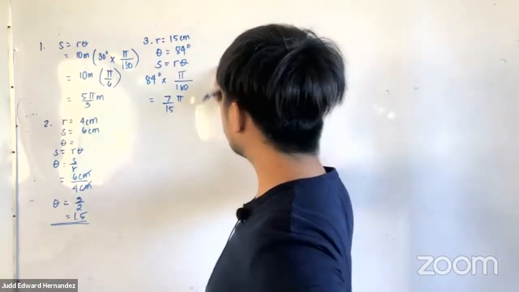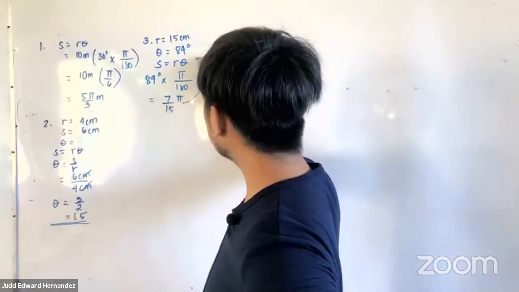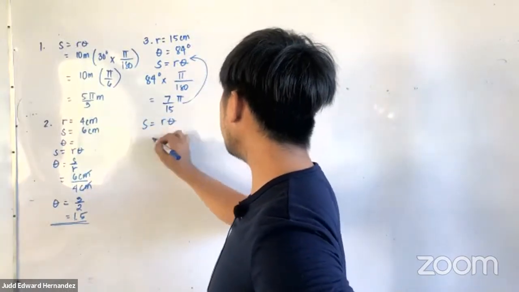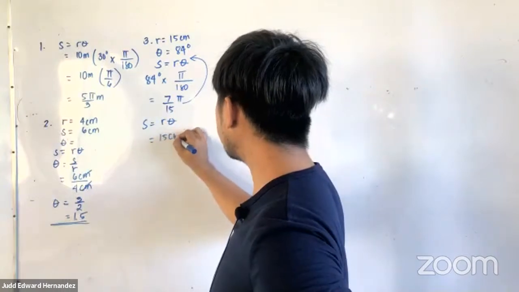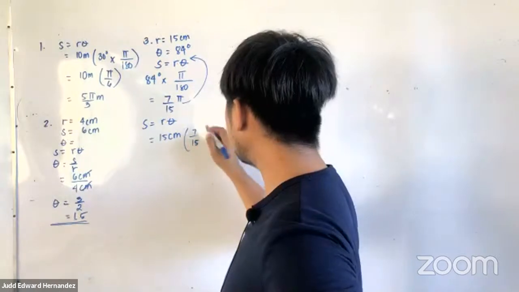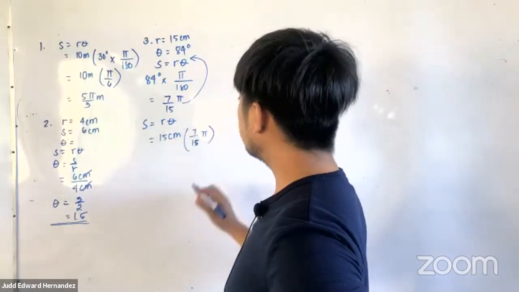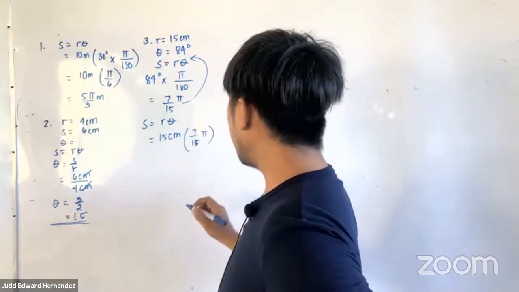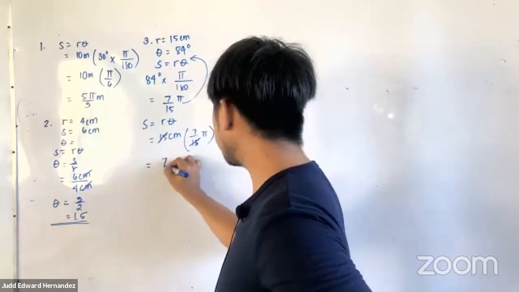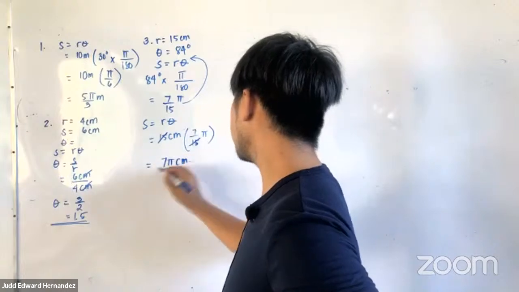So lagay na natin siya ngayon dito sa ating formula that S is equal to R theta. R is equal to 15 centimeters, and that theta is 7 over 15 in pi. And we'll be having cancel 15. Therefore, this becomes 7 pi centimeters.